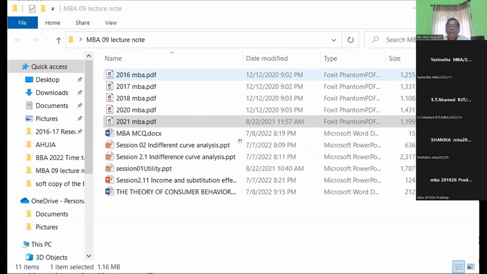You can go through these papers. Any doubt, any clarification, I can explain. We have the 2017 to 2021 past papers: 2017, 18, 19, 20, 21.